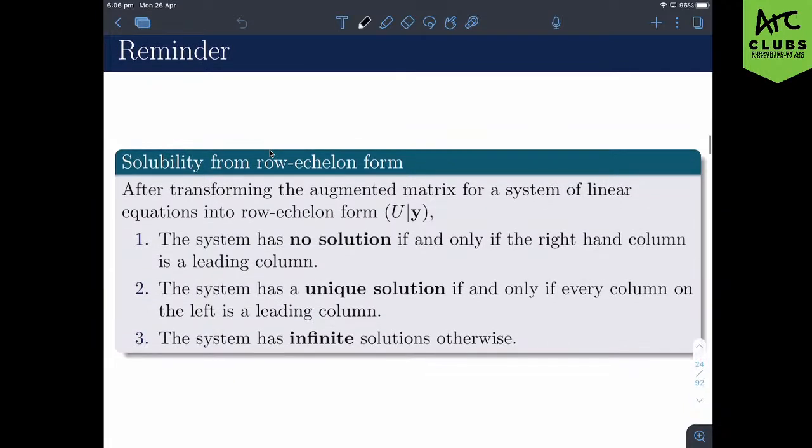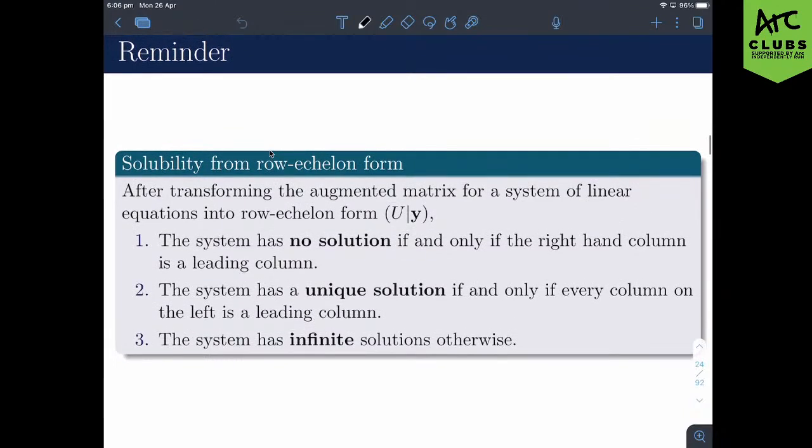First of all, we're going to start off with chapter 4, and we're only going to have one bit of theory here, and it's to determine how many solutions there are to a set of linear equations given a representation of that system in row echelon form for a given matrix.